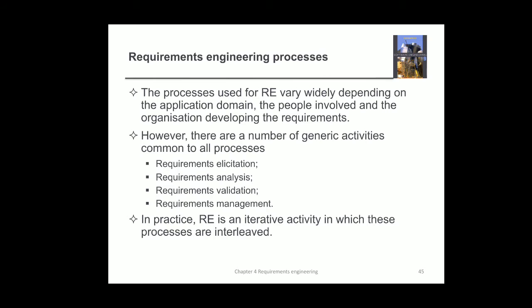So these are the three basic things which decide what kind of requirements engineering process we are going to have. The first one is application domain, that is what kind of application we are going to develop. The second is who the people involved in the development of a particular application are. And the third is the organization in which this application is being developed. So these are the three things on which we are going to concentrate, right?